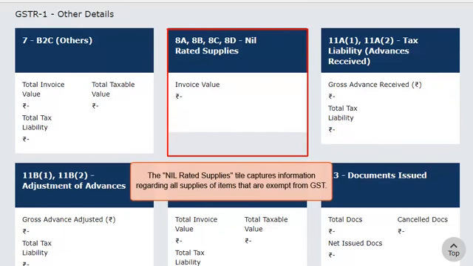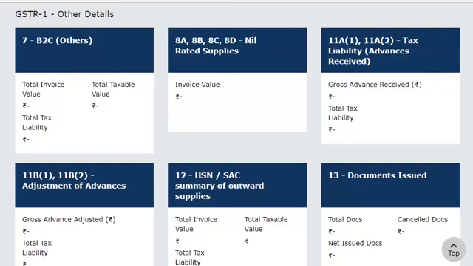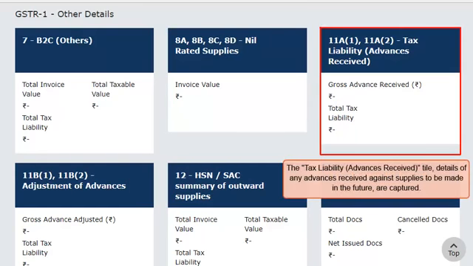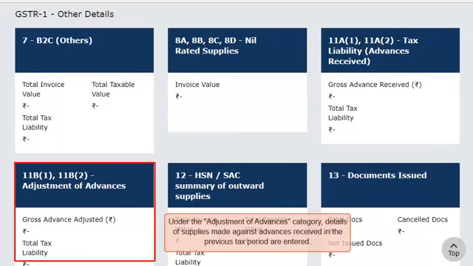The nil-rated supplies tile captures information regarding all supplies of items that are exempt from GST. In the tax liability advances received tile, details of any advances received against supplies to be made in the future are captured. Advance payments are subject to tax under the GST regime.